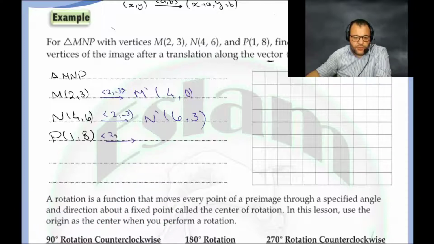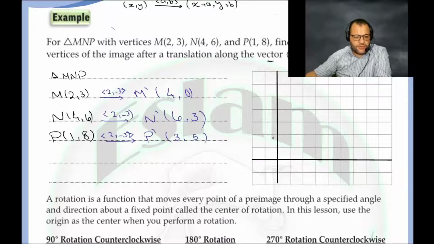Yes, the vector is (2, negative 3). And then P prime is (3, 5). If you want to graph this one, there is no need for the negative parts.